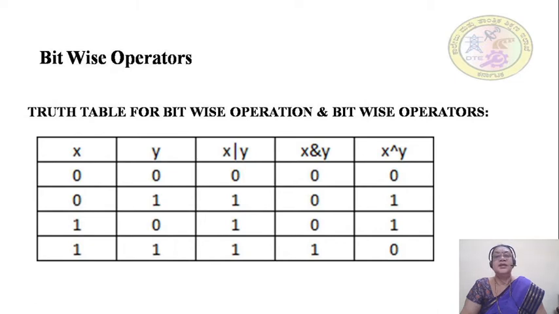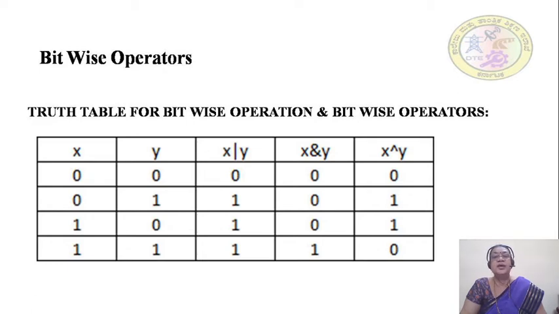We'll see the truth table for bitwise operators. Let us take the combination x is 0, y is 0: x | y will be 0, x & y will return 0, x ^ y will return 0.